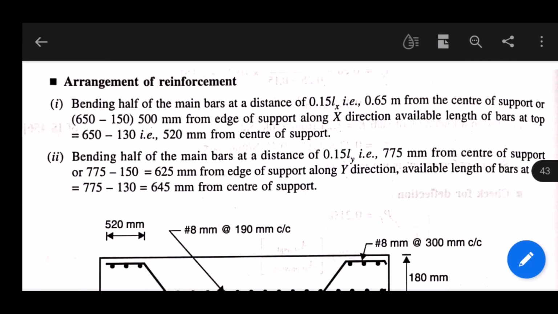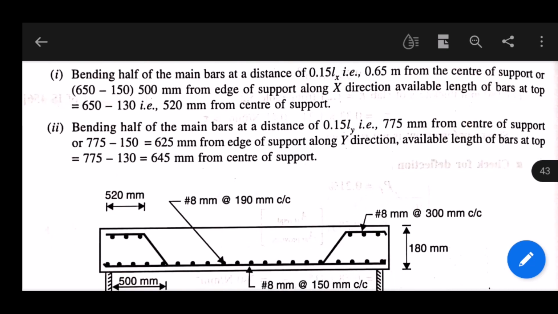Now, as per code provision, the reinforcement arrangement. First, bending half of the main bars at a distance 0.15 Lx, that is equal to 0.65 meter from the center of support, or 650 minus 150, that is 500 mm from the edge of support along x direction. Available length of bars at top is 650 minus 130, that is equal to 520 mm from center of support.